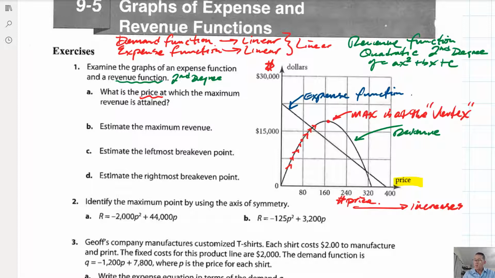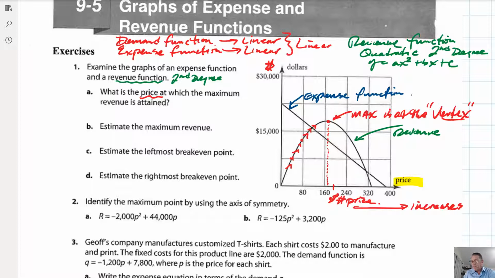Talking about the vertex here, you're going to estimate it first. So this first problem is just about analyzing and identifying the maximum, which always occurs at the vertex of the parabola. And this occurs at a price that's a little bit above 160. The interval between 160 and 240 is about 80, so right about here is about the 200 mark.